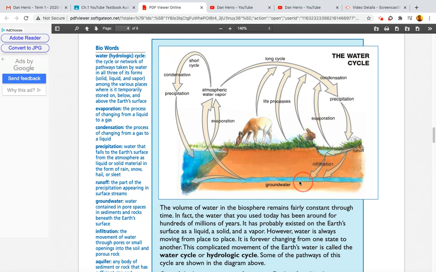You have your groundwater, runoff from streets and sidewalks and rocks, and then infiltrating and going into the groundwater, and evaporation from the runoff. So it's a cycle. You have evaporation moving upward, and then you have your condensation and your precipitation moving downward. All right.